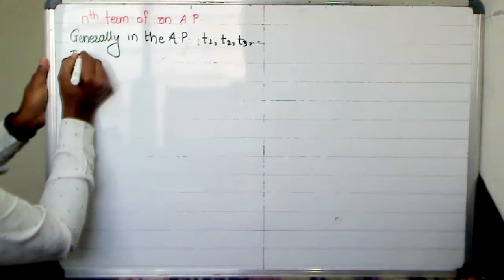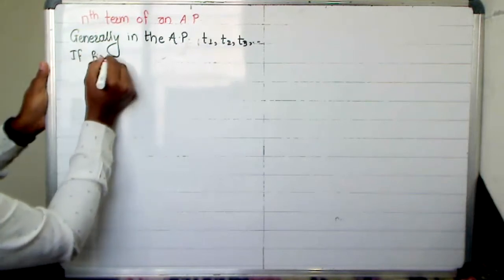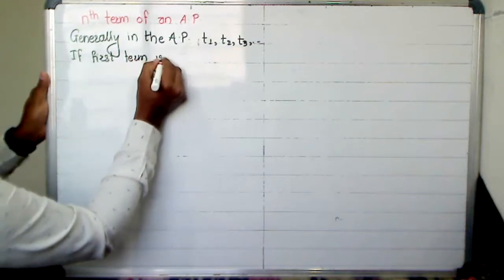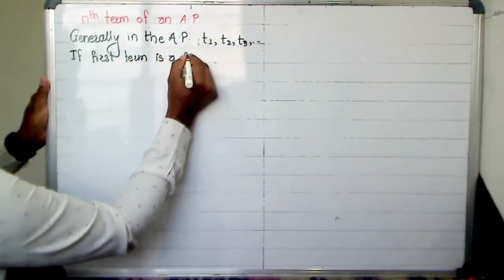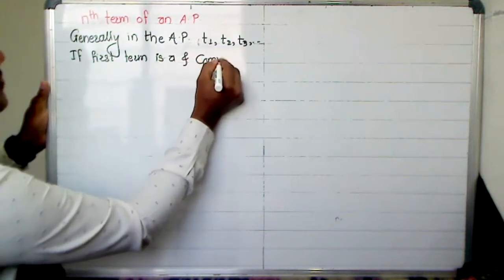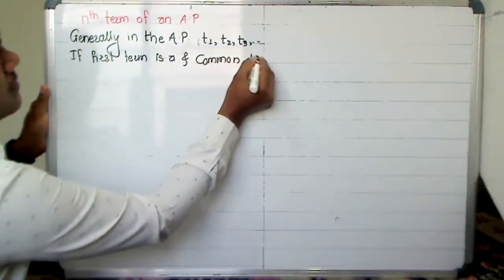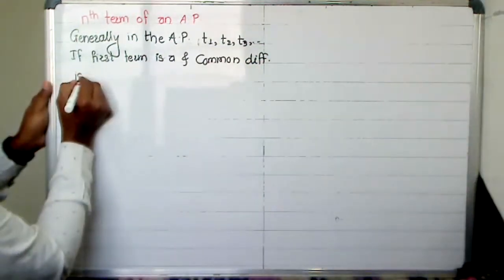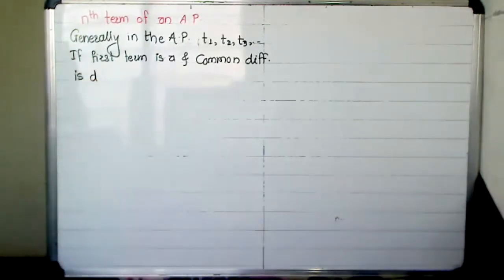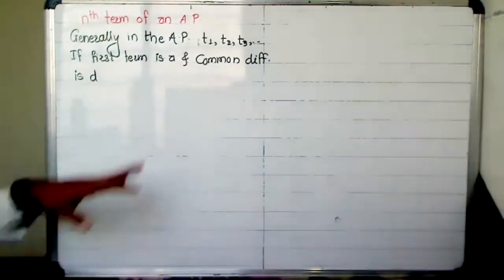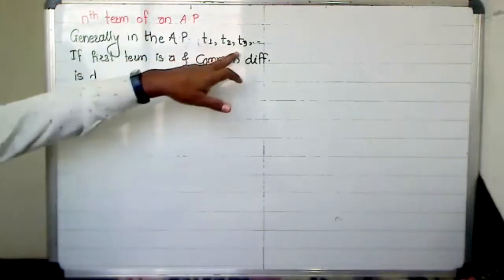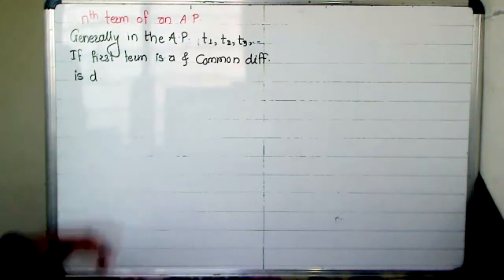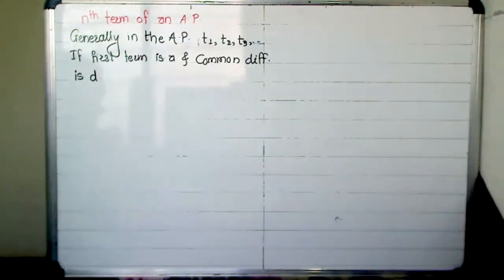If the first term is A and the common difference is D. Okay. So generally in AP, T1, T2, T3, and so on. This is an AP, and in this AP, the first term is A and the common difference is D.